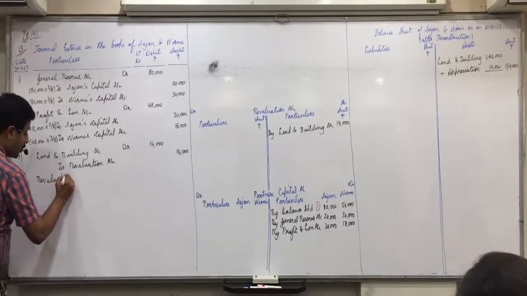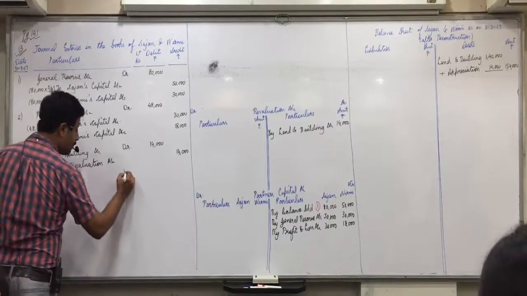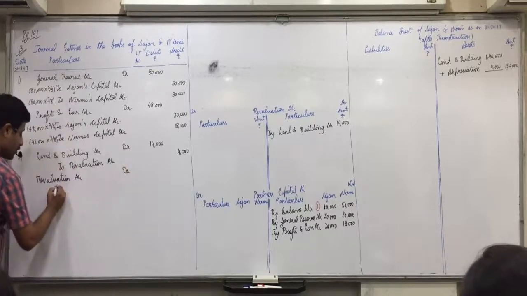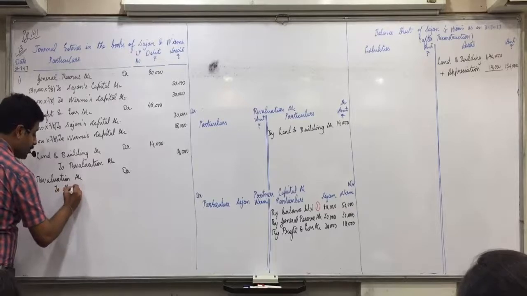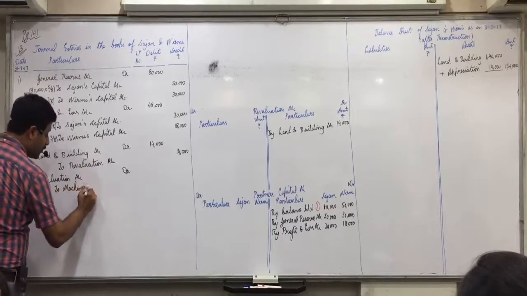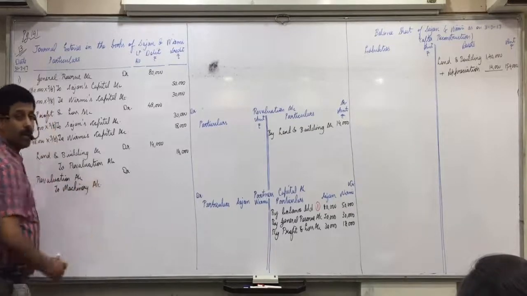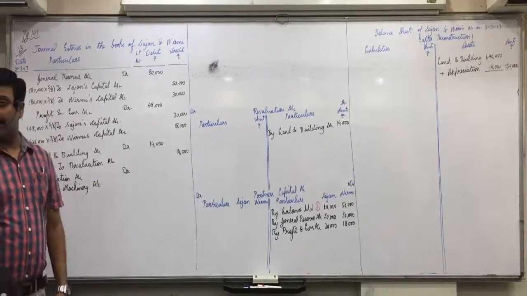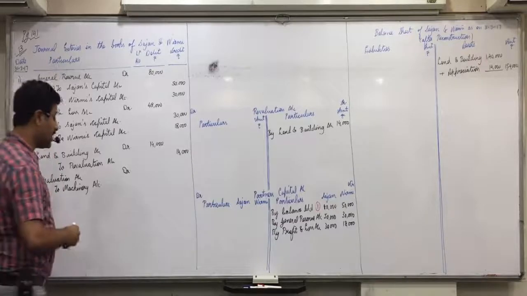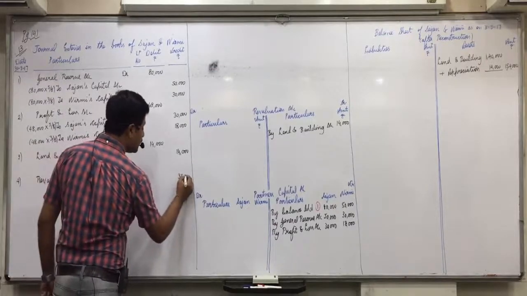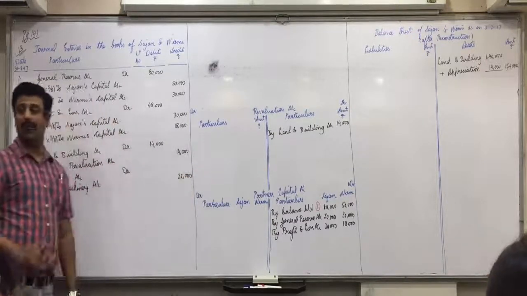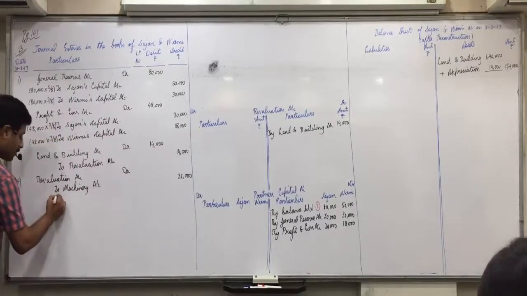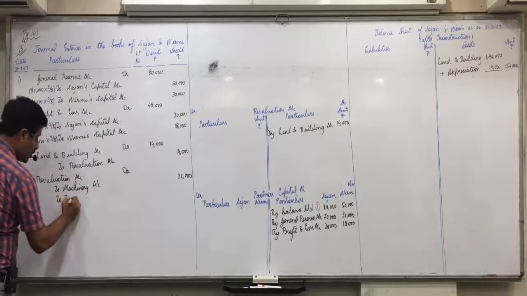So, write down. Revaluation account debit to machinery account. Now machinery is 80,000. 80,000's 40% loss is 32,000. Any confusion in this? To furniture account.